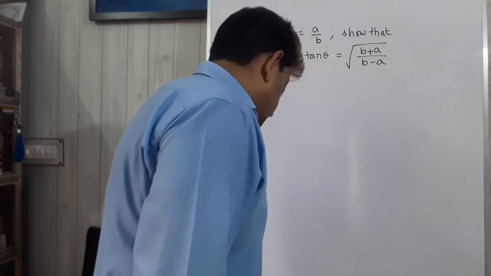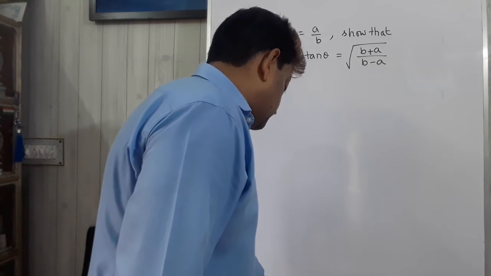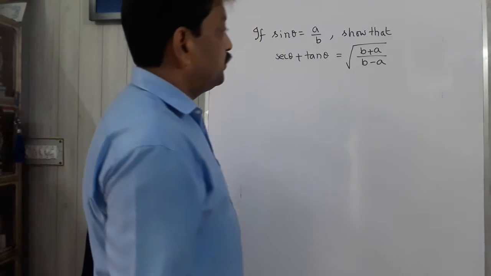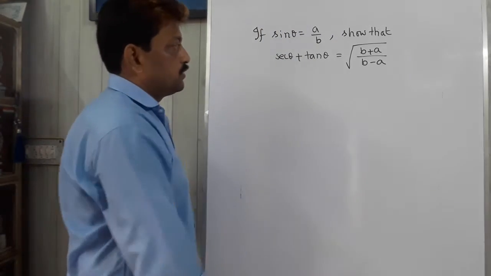Sin theta equals a upon b, sec theta plus tan theta equals root over b plus a upon b minus a. So this is the question.